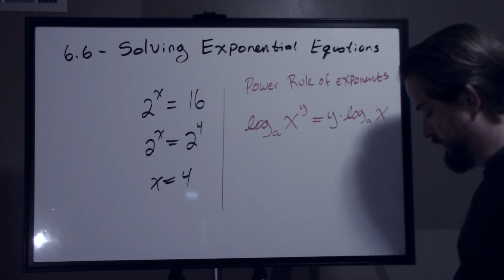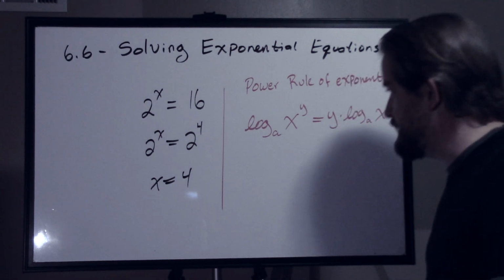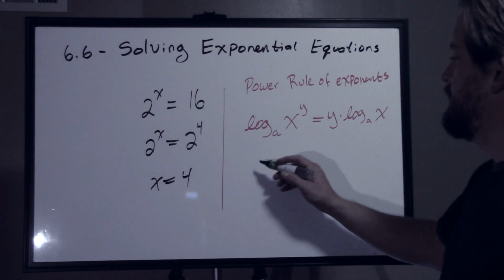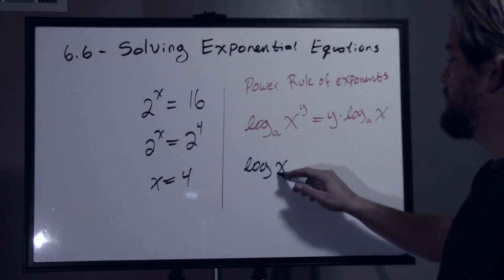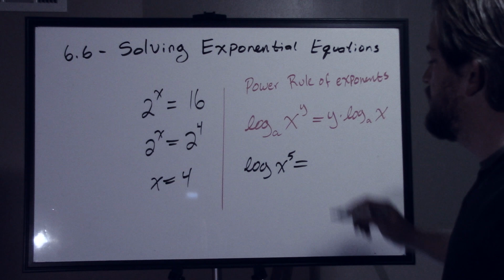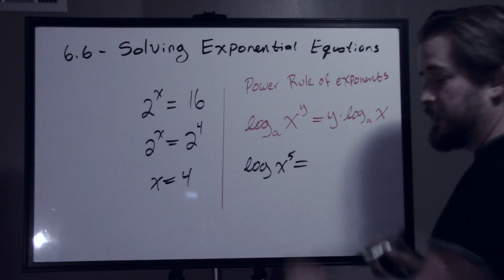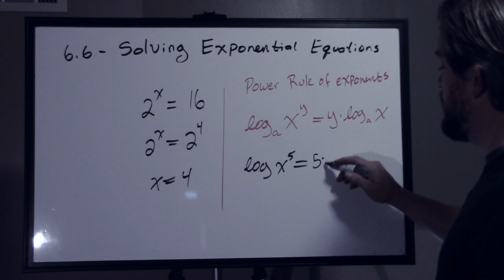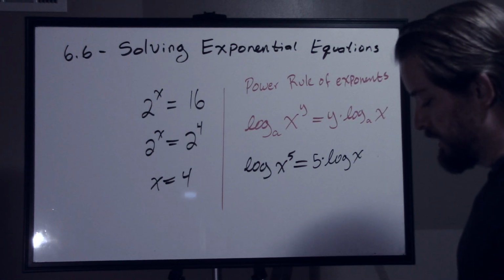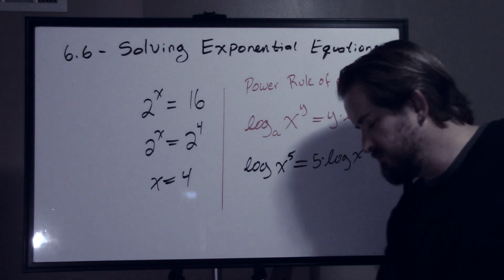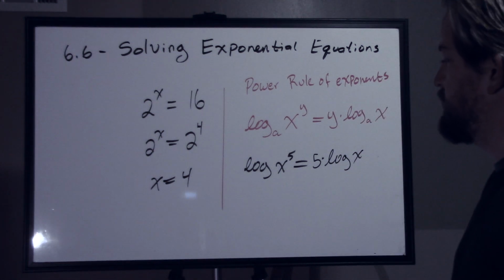Right? So specifically, I might see something like, say, the log of x to the fifth. I can say that this is the exact same thing as taking 5 multiplied by the log of x. Right? And you can verify by throwing in a couple of examples.